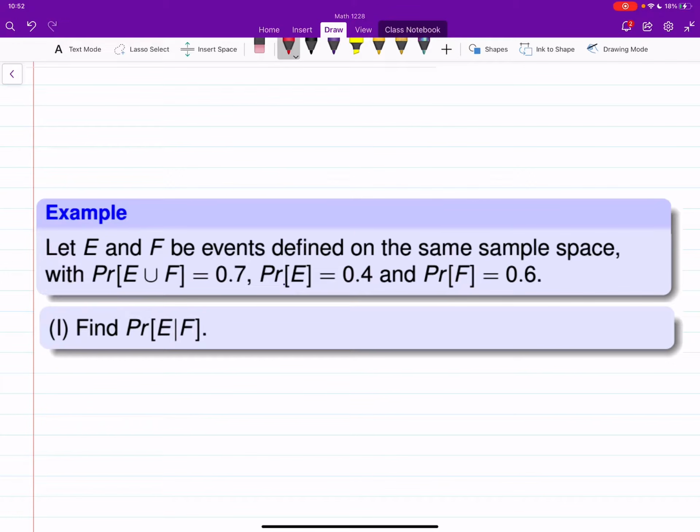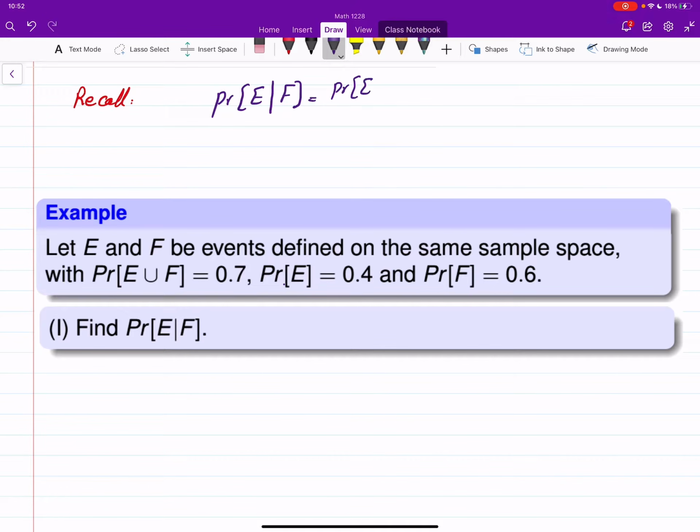Hello everyone. In this video, we will do some examples for conditional probability. Let me start by recalling the main formula. When you're trying to find the probability of an event knowing that another event has happened, or given another event, this is conditional probability.